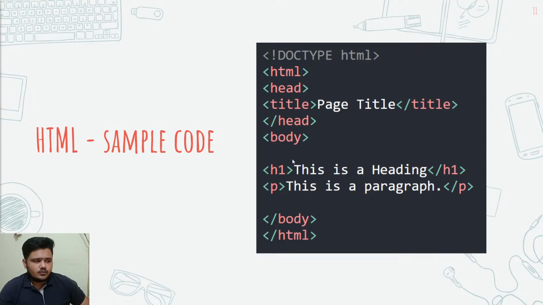The next tag is h1. h1 stands for heading. This particular line will be shown in a bolder and bigger way. The next tag is p, which defines a paragraph. Every time we are making a new paragraph, we have to use this tag.